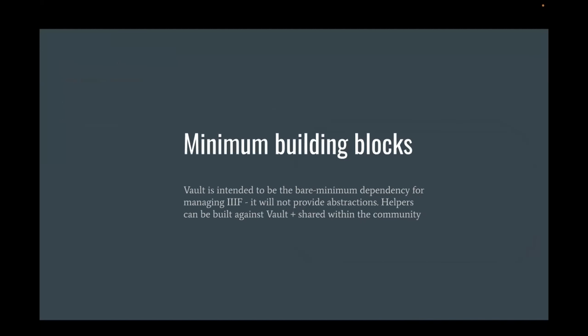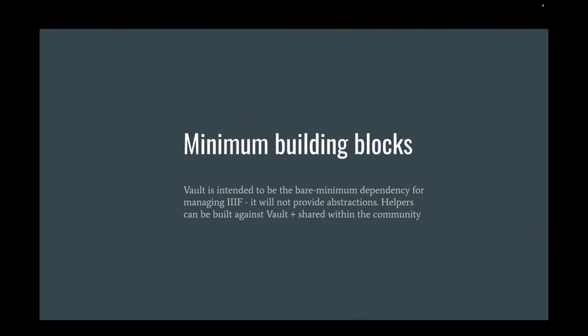So I breezed through those quite quickly because these are really the minimum building blocks for IIIF. They're not abstractions that would make using IIIF easier, but those tools can be used to make different abstractions.